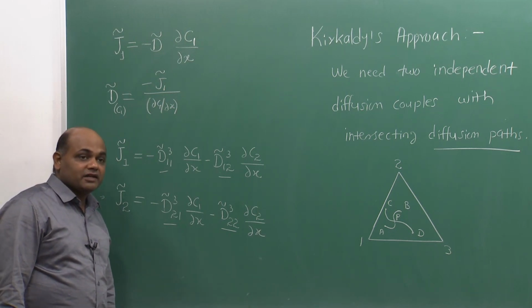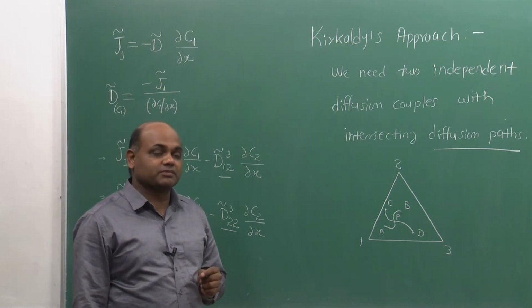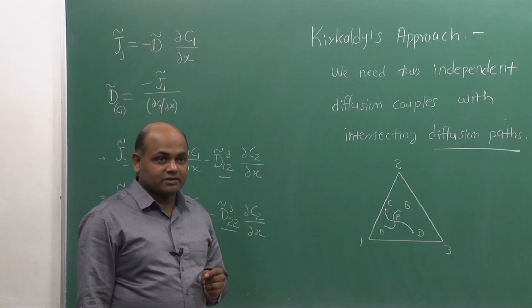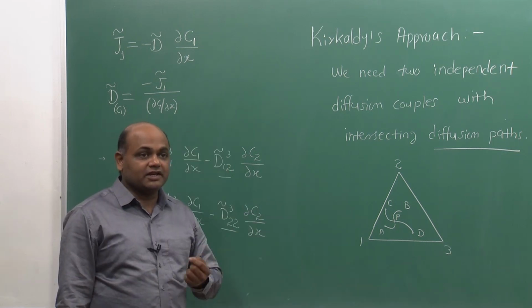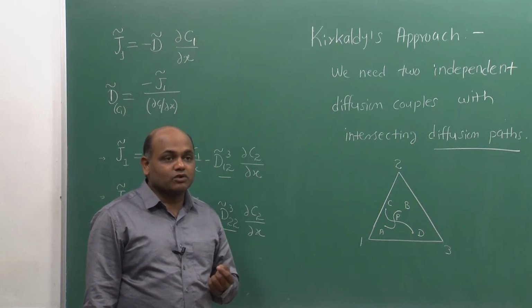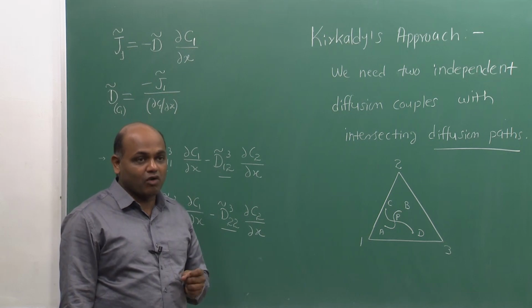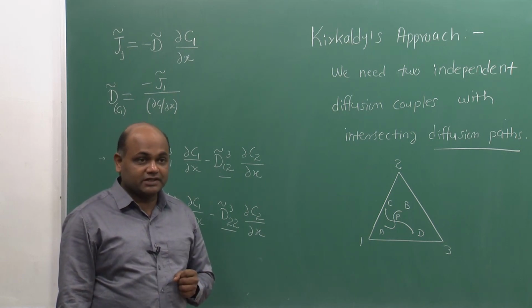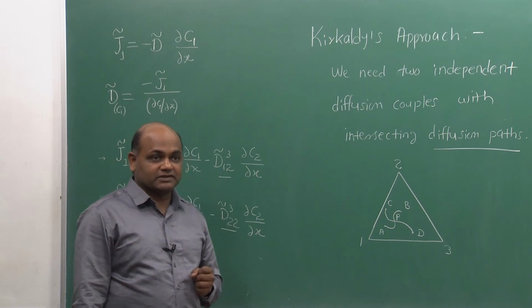So, there are 9 interdiffusion coefficients at any given quaternary composition. So, if we extend this analysis to quaternary, we will need 3 independent diffusion couples whose diffusion paths will intersect at one point. Now, it is highly difficult to design such couples.